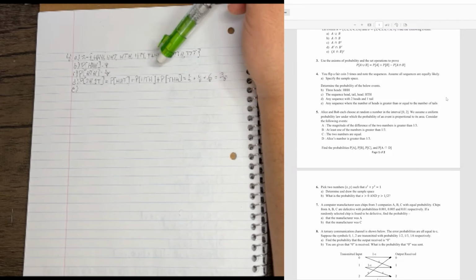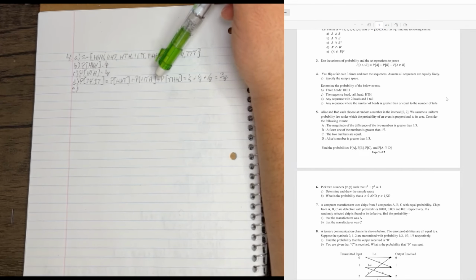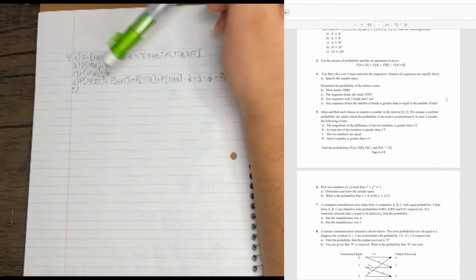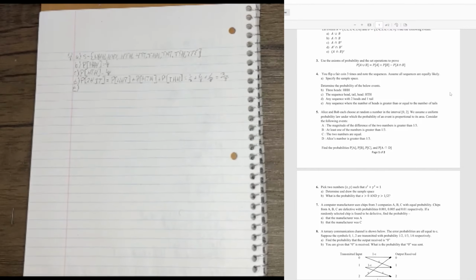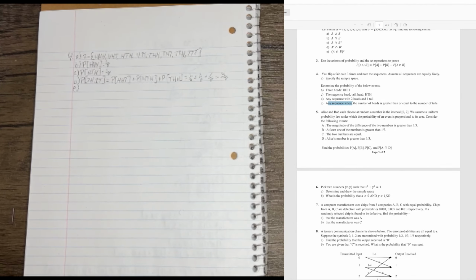Is that not what we just did here? Any sequence where the number of heads is greater than or equal to the number of tails. So wherever we have more heads than tails. And that's exactly what this is.